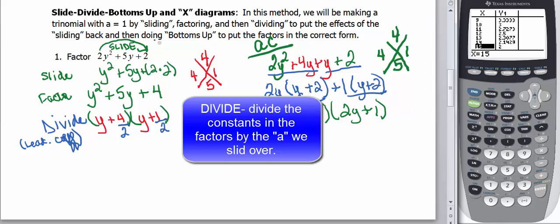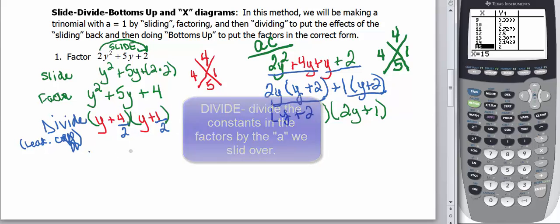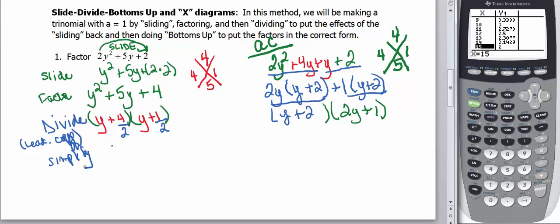So we multiplied it by sliding, then we divide it to get back. So we haven't really changed our problem now. And then we're going to simplify. So this becomes y plus 4 divided by 2 is 2. And y plus, and 1/2 does not simplify, so we leave it as 1/2.